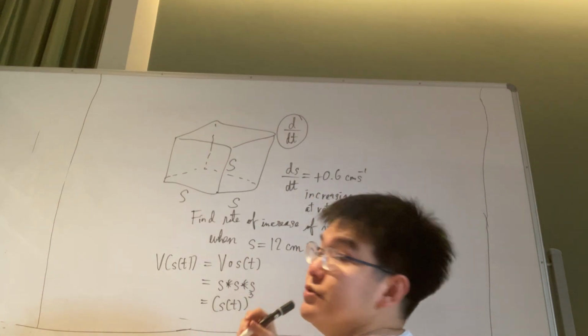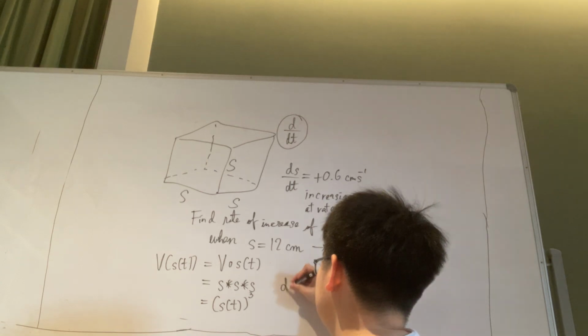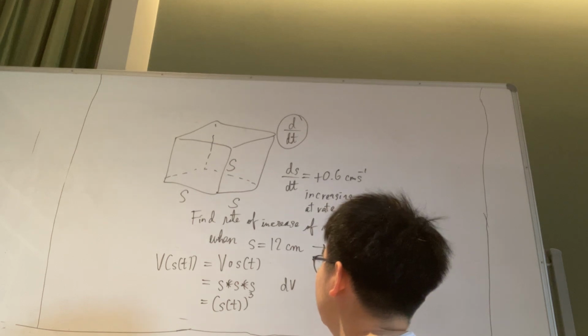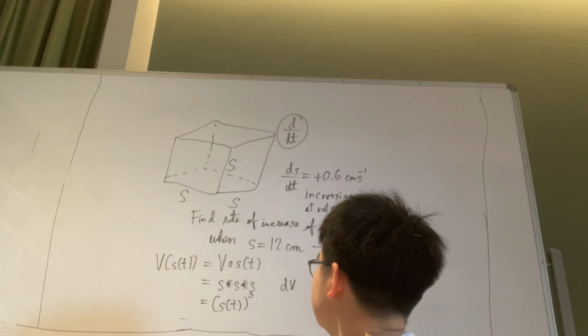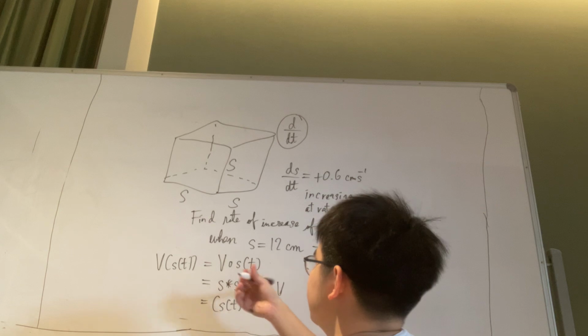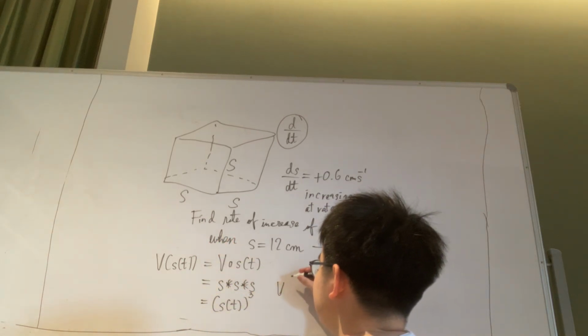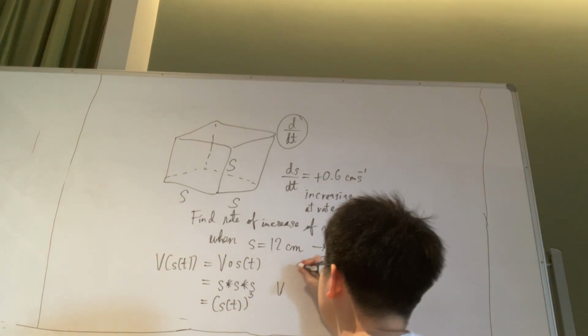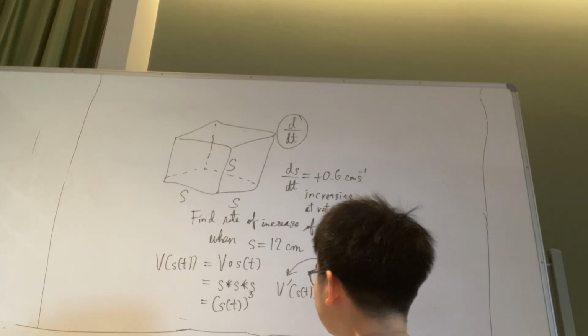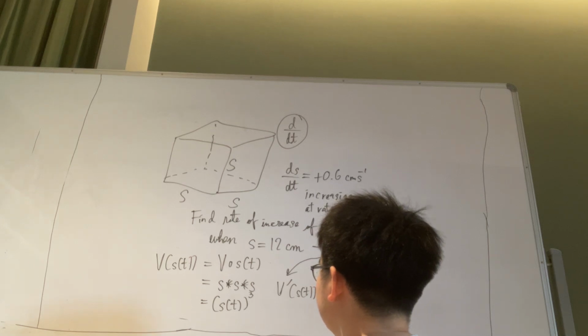So if I were to do dV/dt, which depends on S, dear God, please bear with me, the notation will look ugly. You could just write it as dV/dt if you want for our purposes. But for this problem, this dV/dt is the same thing as V prime of S of t, and I'm mixing notations now, that's a little bit nasty.